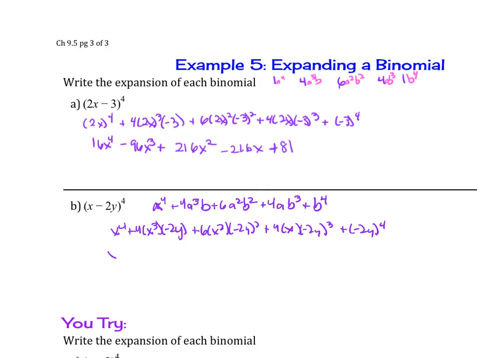And then when you simplify, this becomes x to the fourth, and this is negative 8x cubed y, and then we have 4 times 6 is positive 24x squared y squared, and then here we have negative 8 times 4 is negative 32xy cubed, and the last one is positive 16y to the fourth.